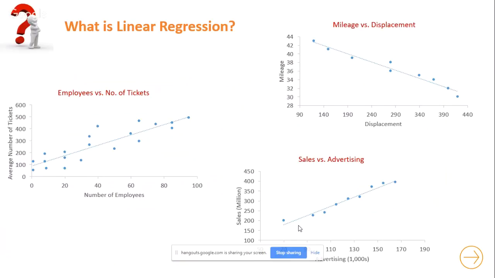Now, the idea here: if we can know the equation of this line, then we can predict the value of one of the variables depending on the value of the second variable. For example, we can predict the displacement value if we know the mileage. So let's talk about this equation.